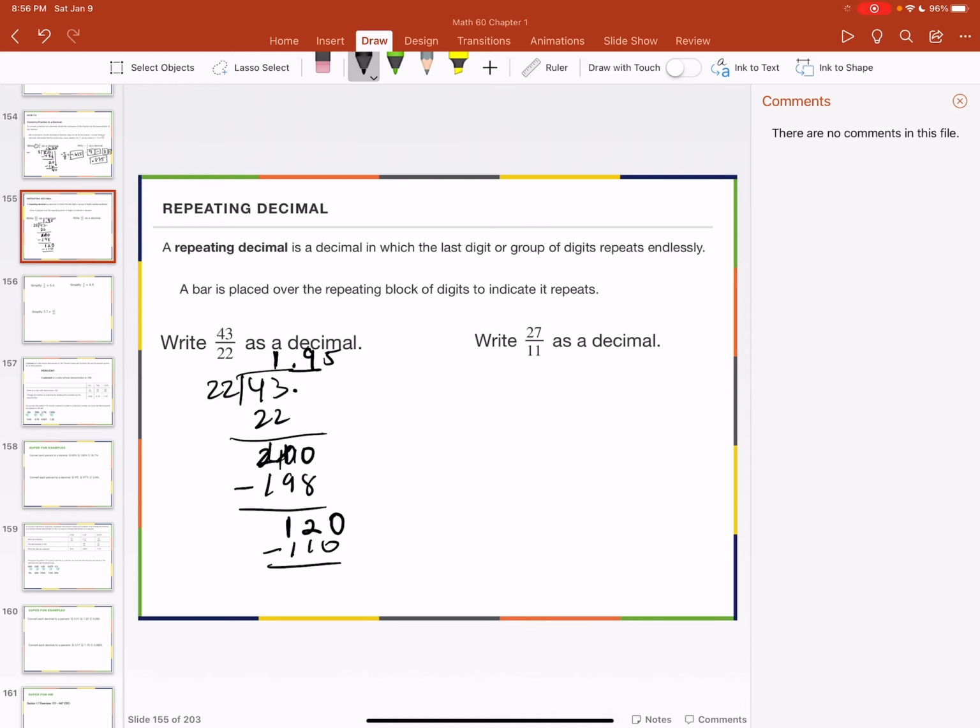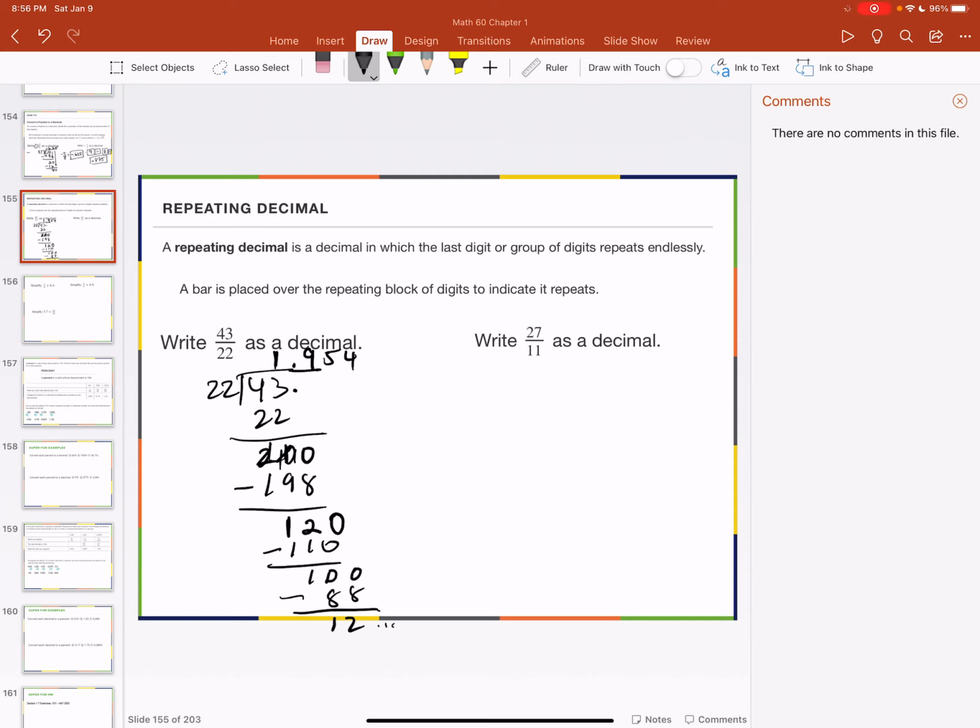Subtract. We get 100. 22 goes into 100 about 4 times, right? So that's 88. 100 minus 88 is 12, and then it's going to keep going.